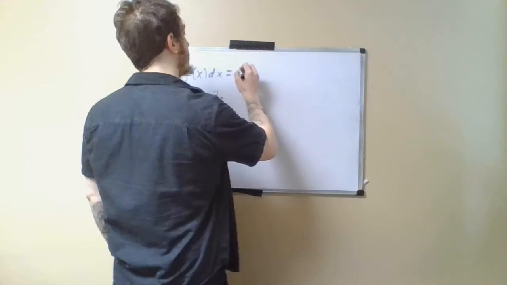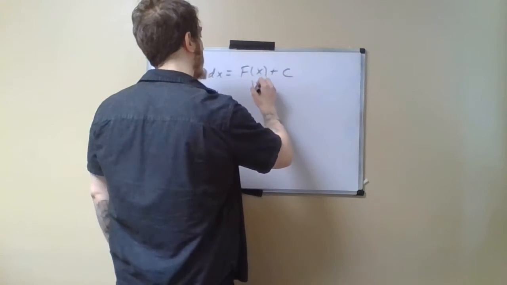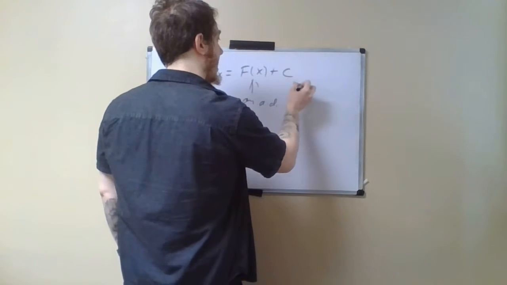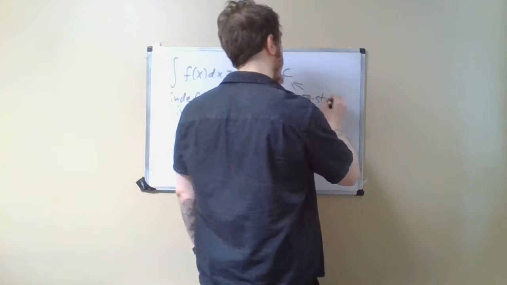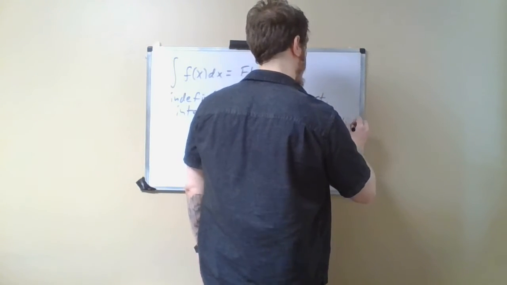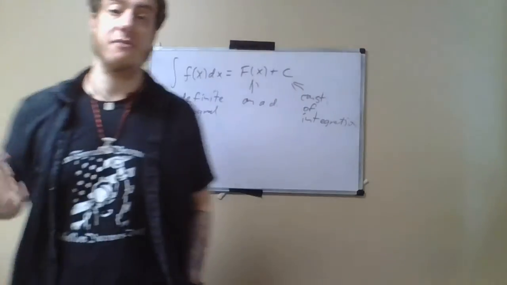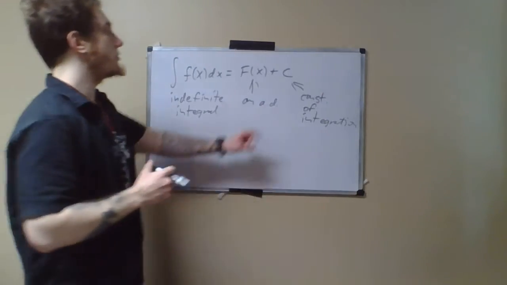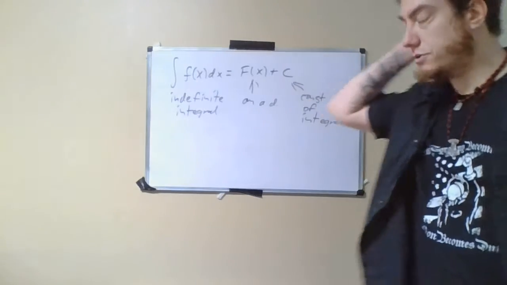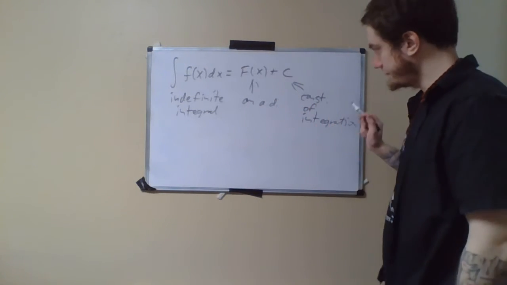And this is equal to capital F of x plus c, where capital F is an antiderivative, and this c is called a constant of integration. The reason that we do this by convention is because we want to leave open the possibility that there is some kind of a constant on here, and we also want to get what the antiderivative is.